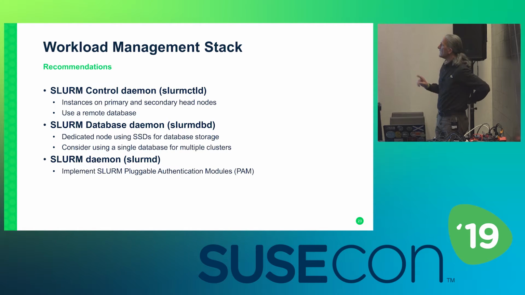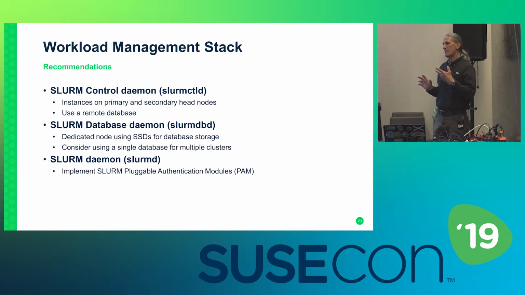Best practices, you'll want primary and secondary nodes for the control daemons. Failover, obviously. You'll want dedicated SSDs for the database, and you will want to implement the pluggable authentication modules for Slurm-based compute nodes. In short, what the PAM modules do is prevent researchers or users from logging into compute nodes and just doing work out of band of the Workload Manager.